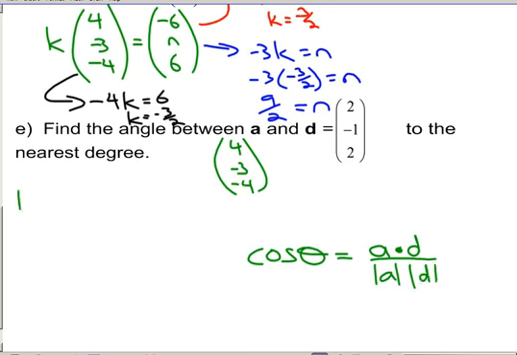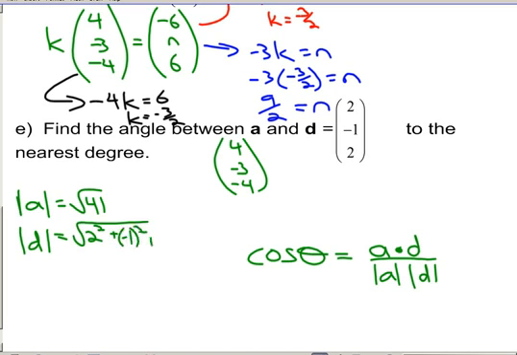We already know that the magnitude of A is root 41. We better find the magnitude of D, which would be the square root of 2 squared plus negative 1 squared plus 2 squared. That'll be 4 plus 1 plus 4, or the square root of 9, which is just 3.